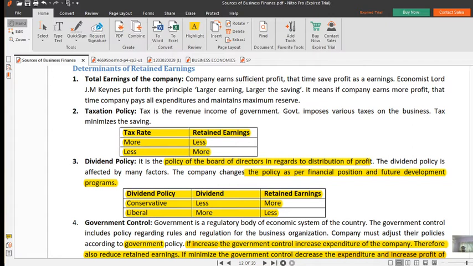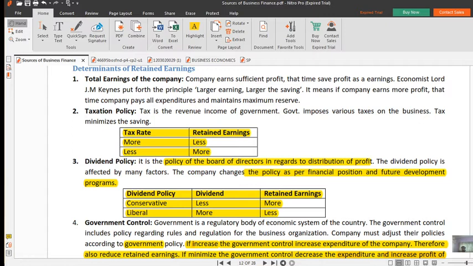It means if the company earns more profit, that time the company pays all expenditure and maintains maximum reserve. In another case, if the company does not have ample profit, then the impact of all these things is directly on the savings of the company, so the company cannot maintain maximum reserve. So earnings of the company is one of the determinants of retained earnings.